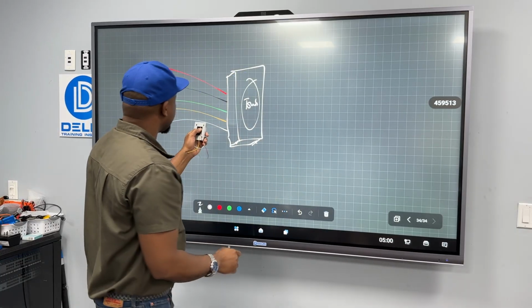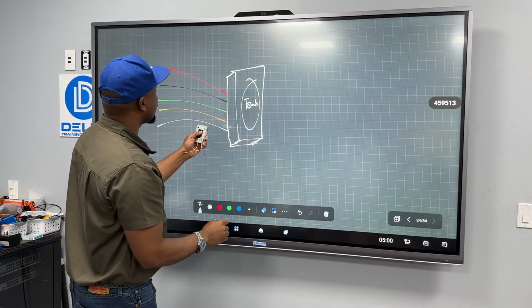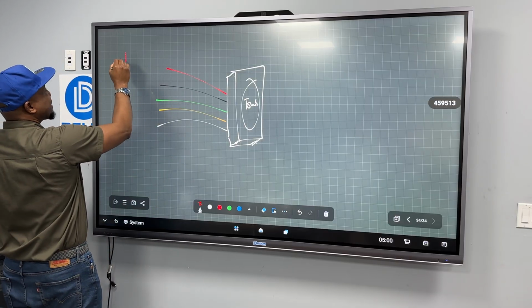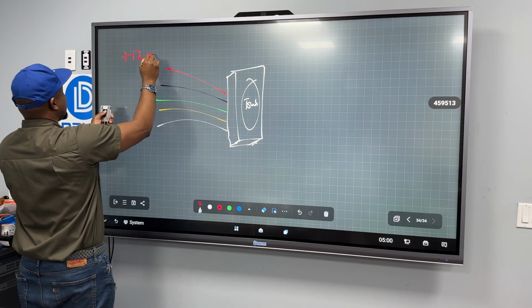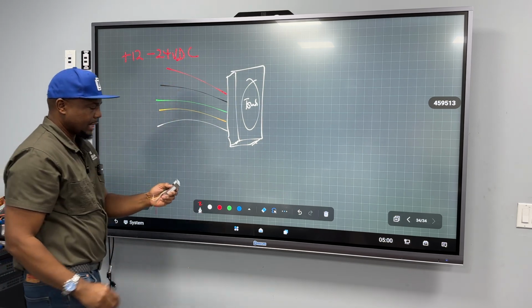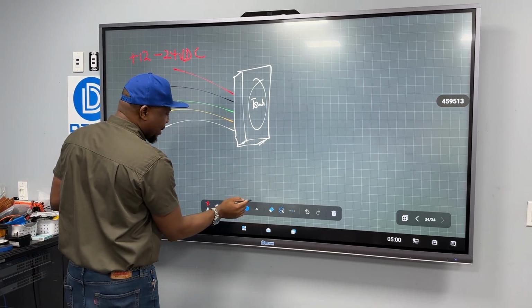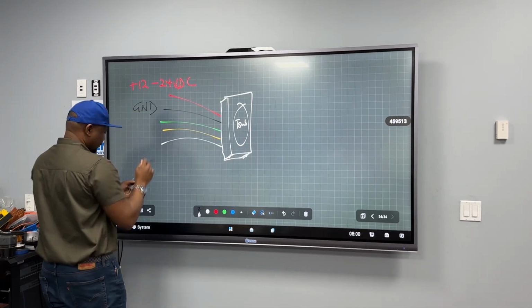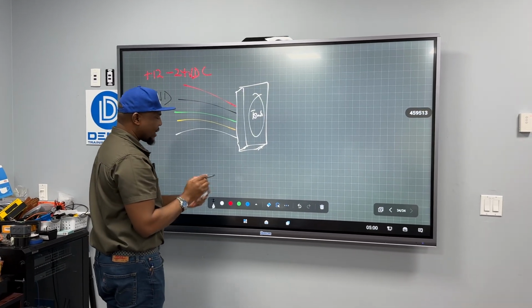On this one, the red is going to be plus 12 to 24 volts DC. That's the red. The black is going to be the ground, GND. The yellow is the common.